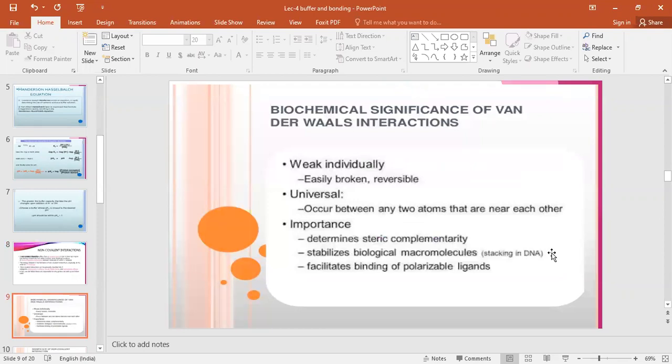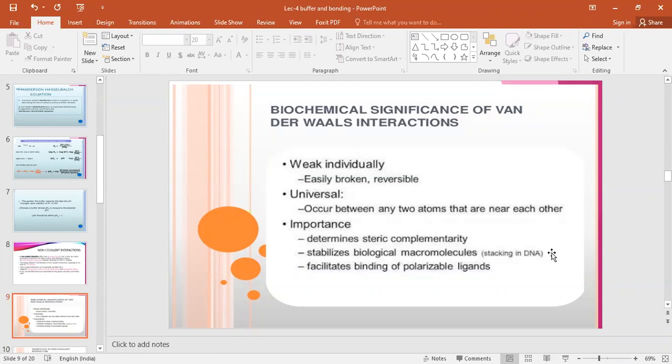Then there is some biochemical significance of the van der Waals interactions. All these non-covalent bonds have one property: they are individually very weak, but collectively they can give a strong result, right?